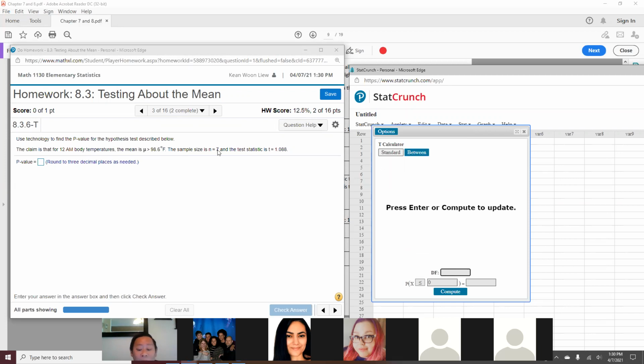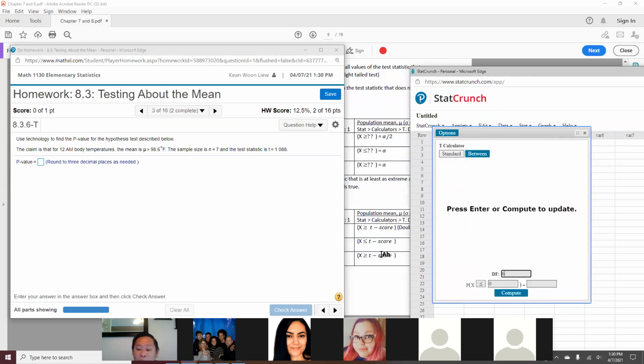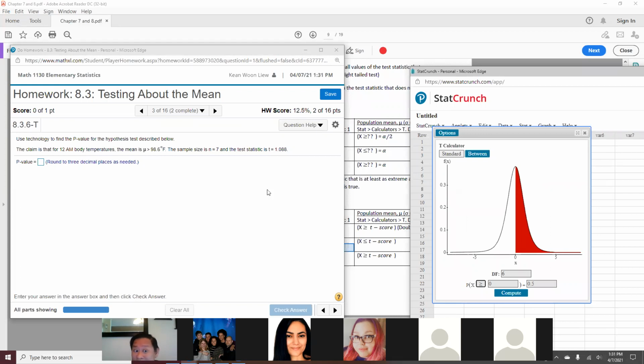We got 7, so 6 is the degree of freedom. Then you pick X is greater than or equal to the t-score. The t-score is given in the question, which is your test statistic t, 1.088.